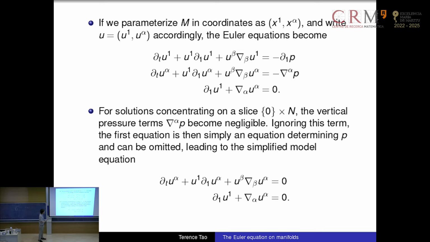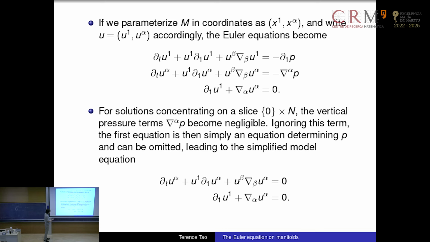It's like the Euler equation. It's the Euler equation, but with a drift, a horizontal drift that's distorted.